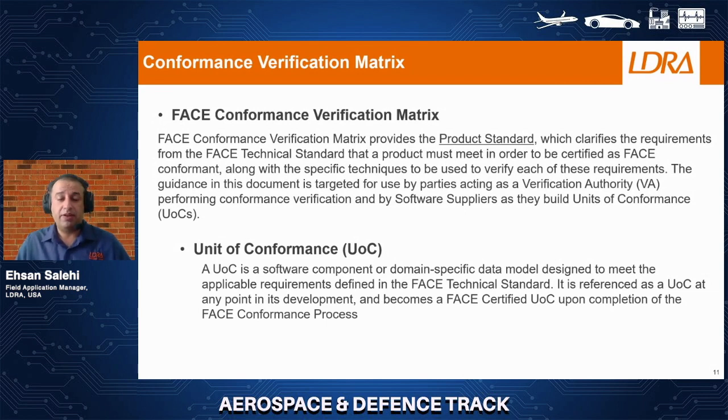The units of conformance are all defined within the FACE conformance verification matrix and the FACE technical standard, which are the same. So if a UOC is going to be conformant, we don't call it a conformed UOC. We call it a candidate for conformance of the UOC to the FACE technical standard.